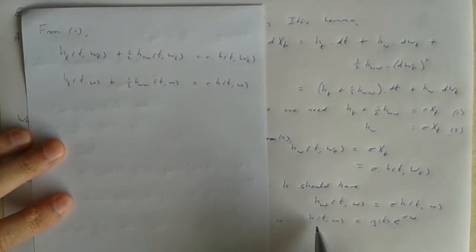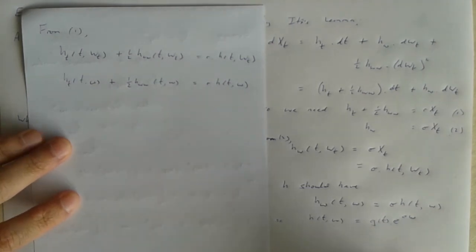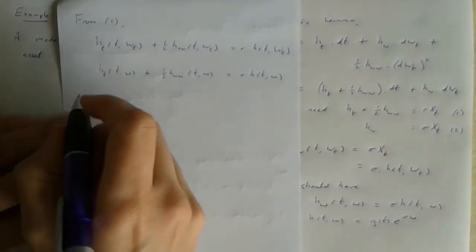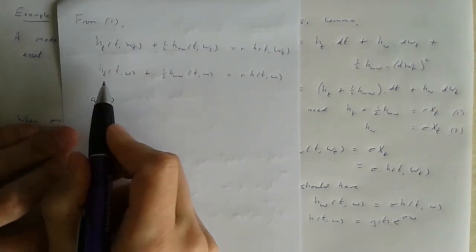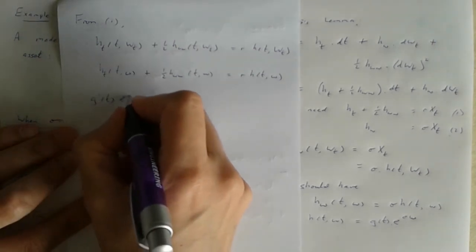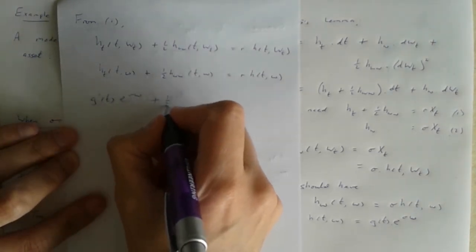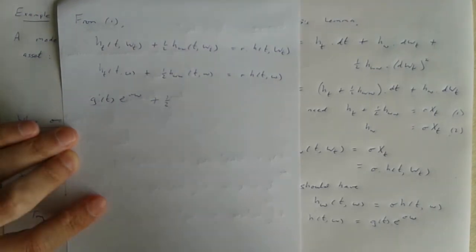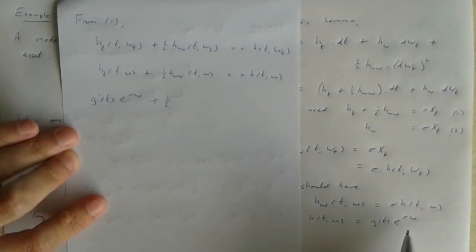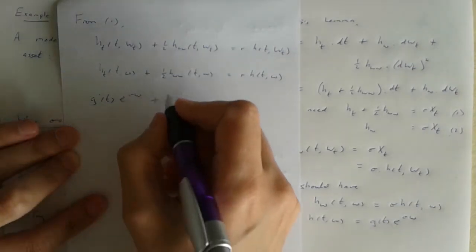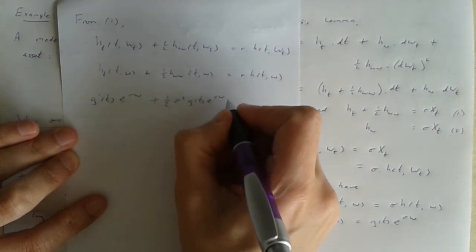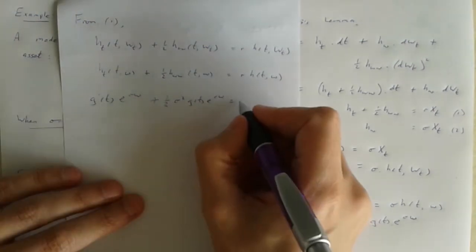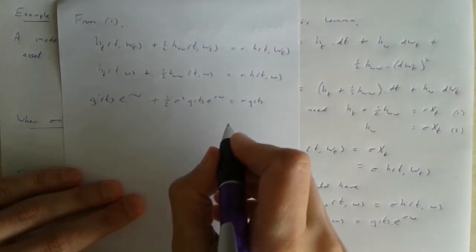We have already established that h looks like this, so what we've got to look at now is the partial with respect to t, so that's g prime of t e to the sigma w plus a half of, now we're taking the double partial with respect to w, so that's sigma coming out twice, should be equal to r times h itself.